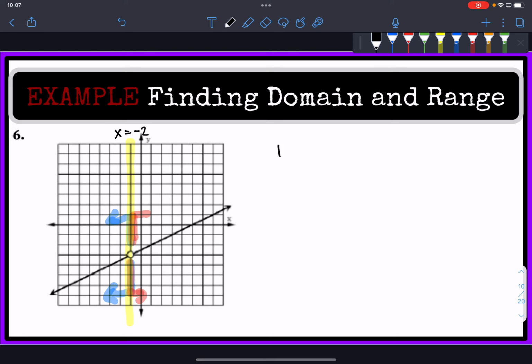To the left, the domain would be all the values from negative infinity to negative 2. Of course, we would stop at negative 2 because of the open circle right there. And the domain is also then unioned with all of the intervals to the right. So from negative 2 to infinity.